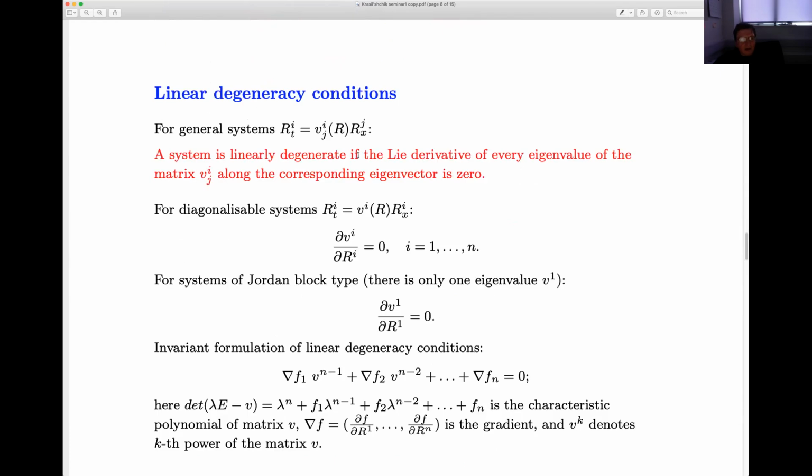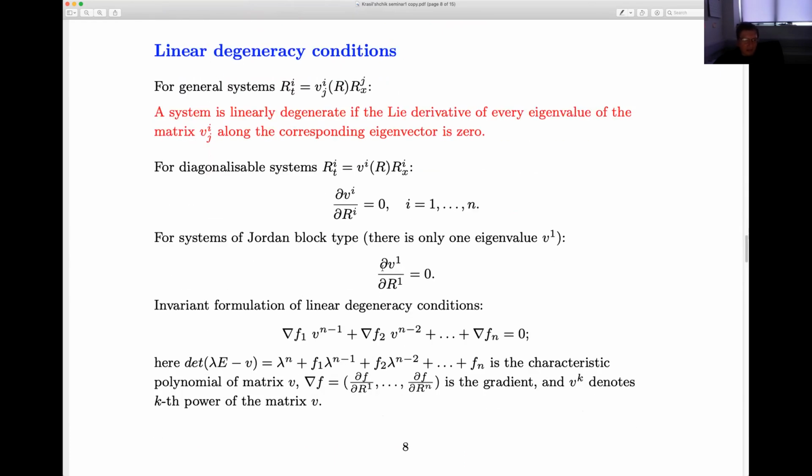All right. So maybe one last comment on linear degeneracy conditions. Suppose we are given a system in this form, how to verify whether it's linearly degenerate. So you do the following. For this matrix V, you calculate its characteristic polynomial. So you calculate determinant of lambda times identity matrix minus V, and you write it as a polynomial, right? F1, F2, Fn, these are coefficients of the characteristic polynomial.